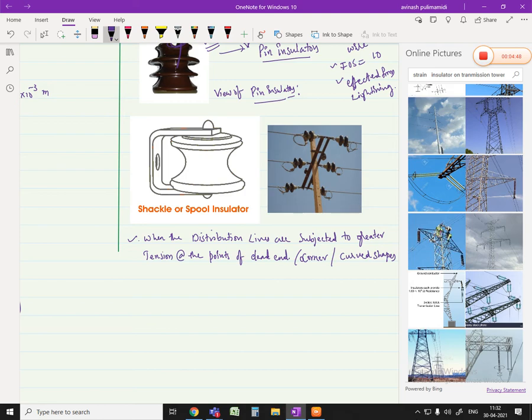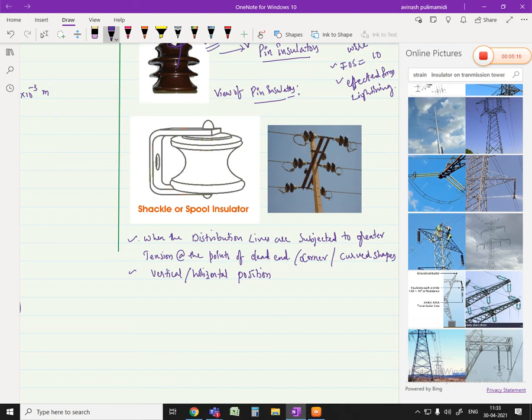So this type of insulators will be placed in either horizontal or vertical direction. Groove, what do you mean by groove?